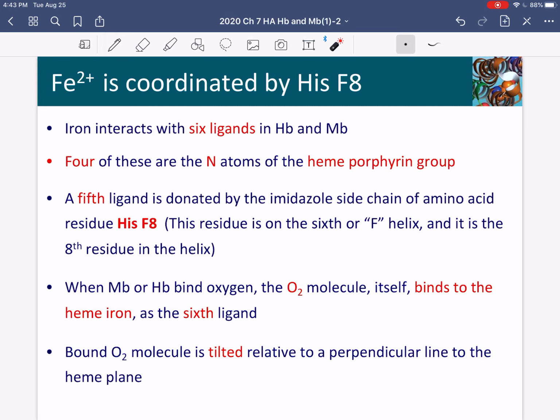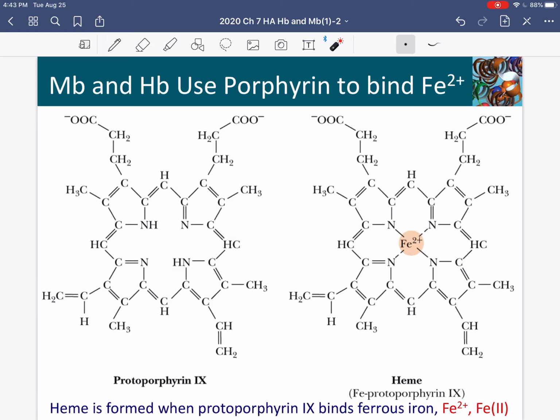Let's go back. 4 coordination sites are provided from the protoporphyrin 9 ring, but ferrous iron actually has 6 coordination positions.